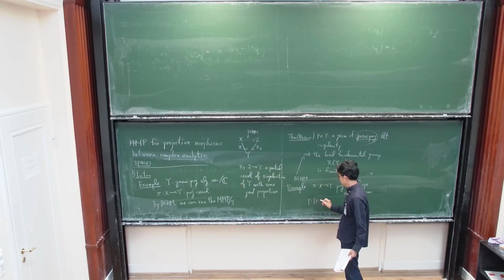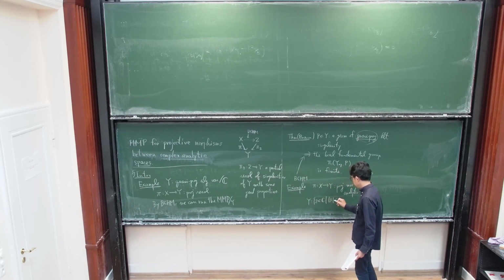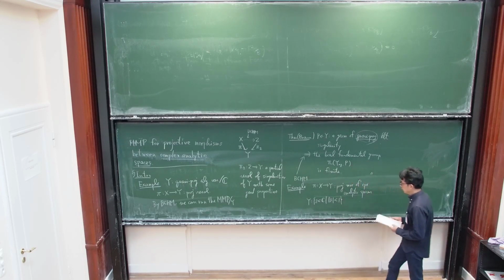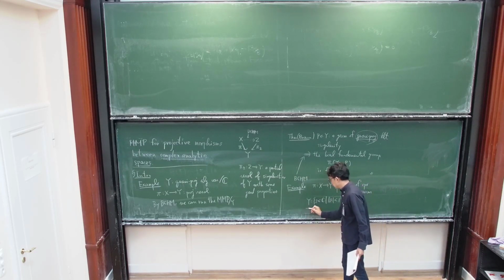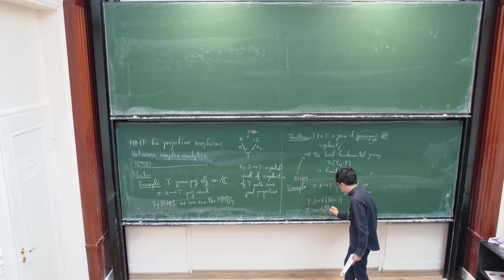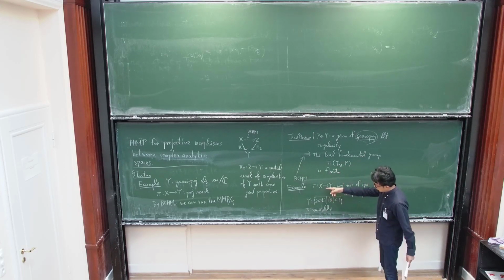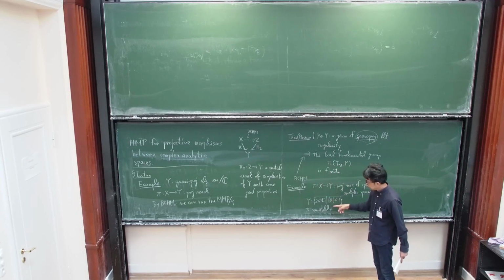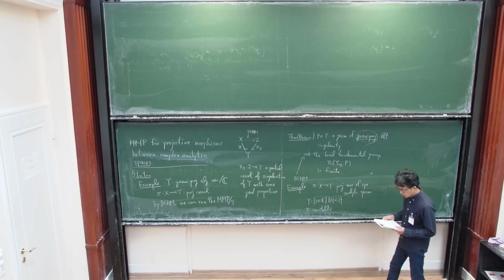Y is a one-dimensional disk. And we further assume pi is semi-stable. So this is a semi-stable degeneration of projective manifolds.